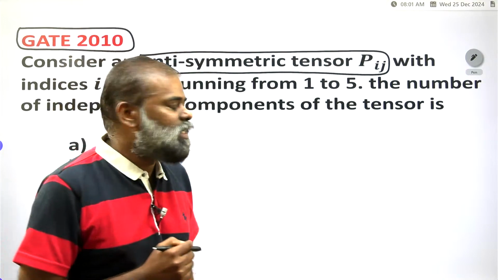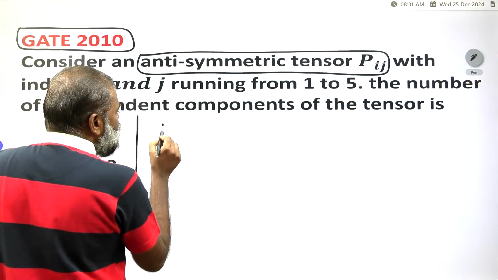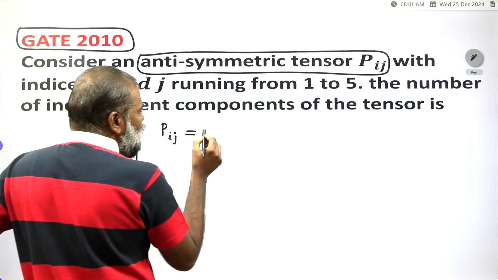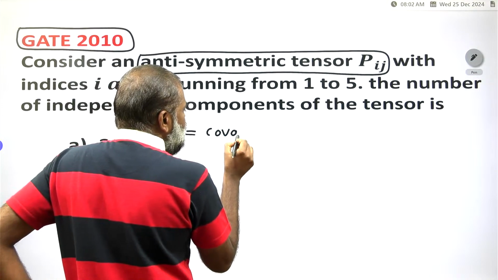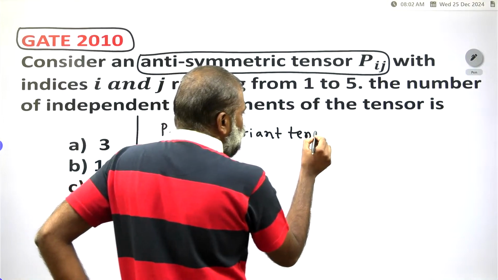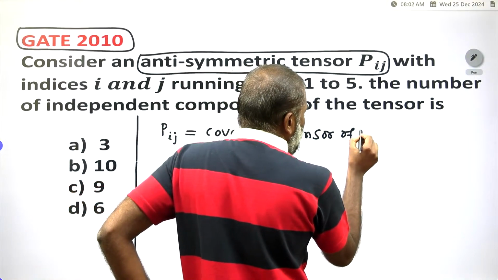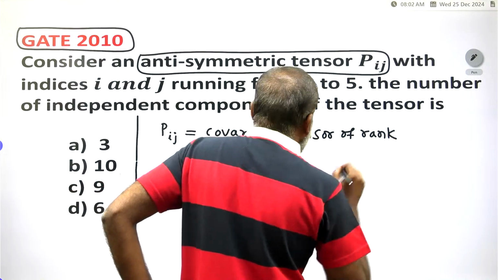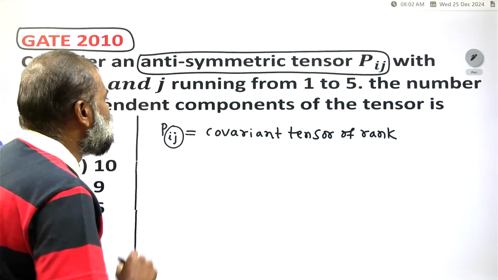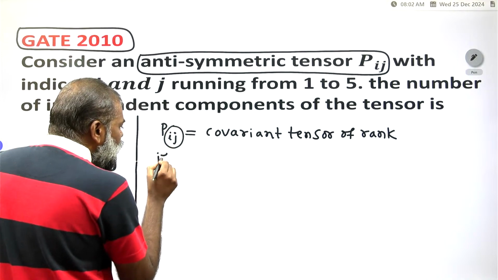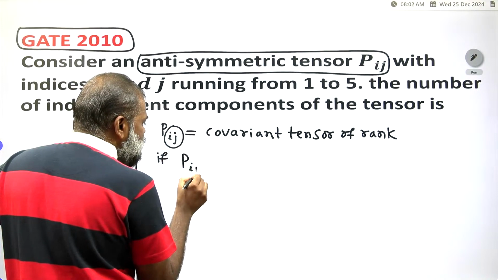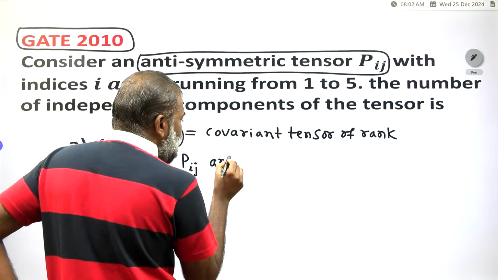What is the anti-symmetric tensor? Pij is an anti-symmetric tensor, a covariant tensor of rank 2, because there are two indices.